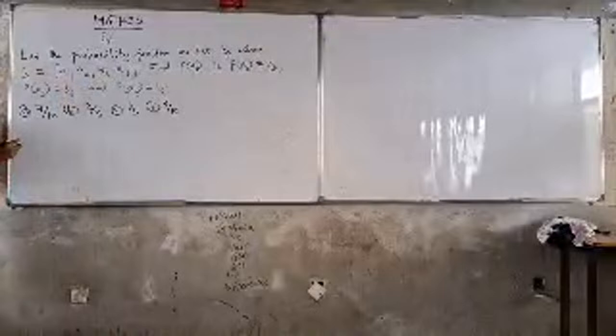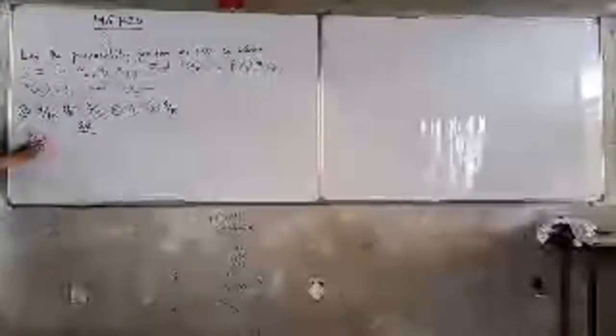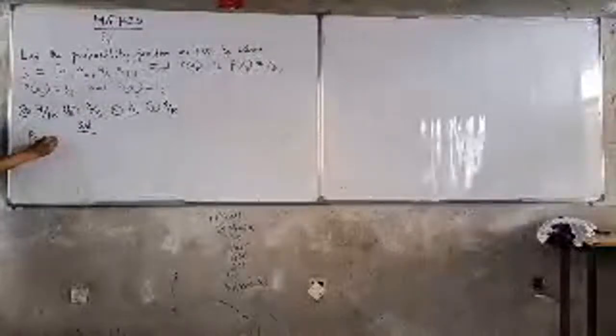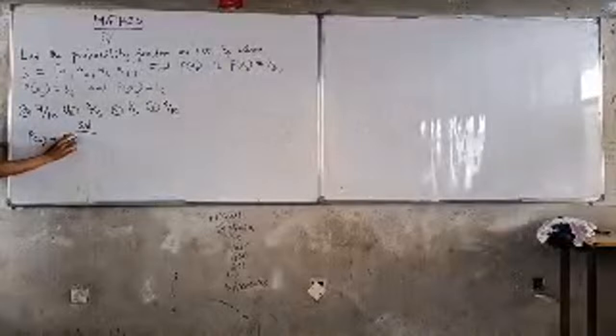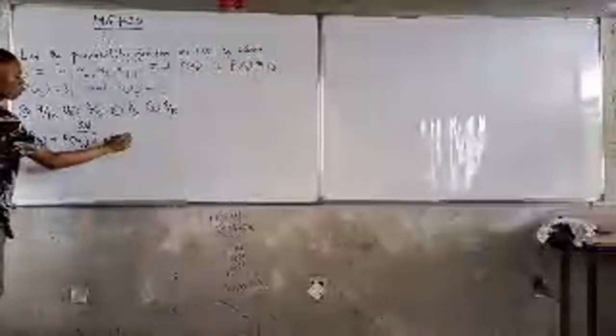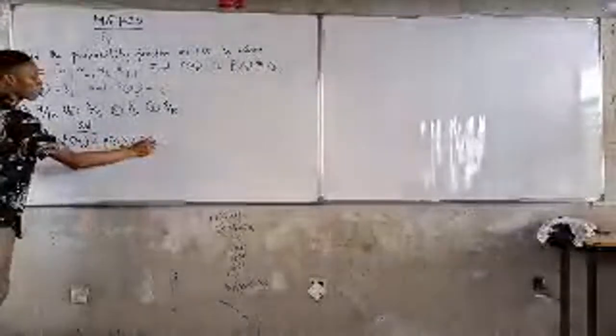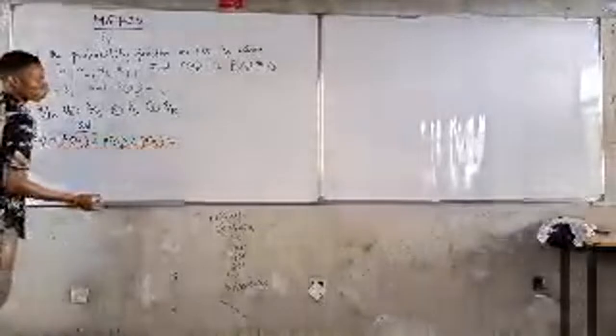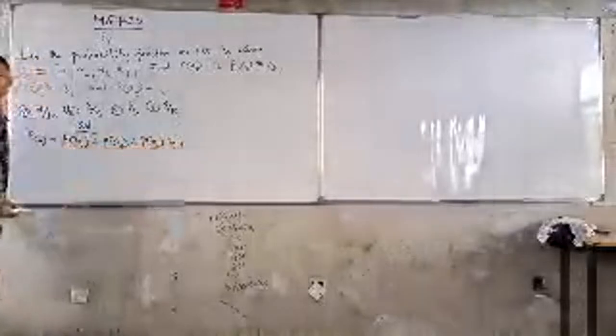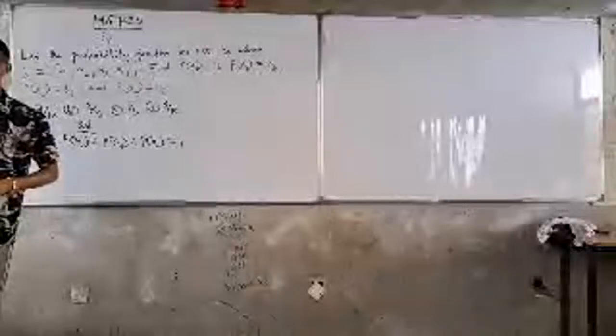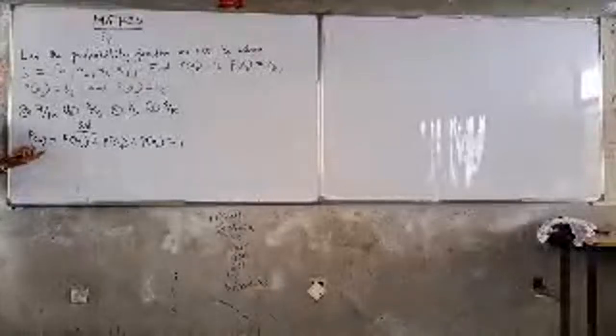That means the probability that A1 will occur plus the probability that A2 will occur plus the probability that A3 will occur plus the probability that A4 will occur is equal to 1, because it is certain at least one of them must occur.